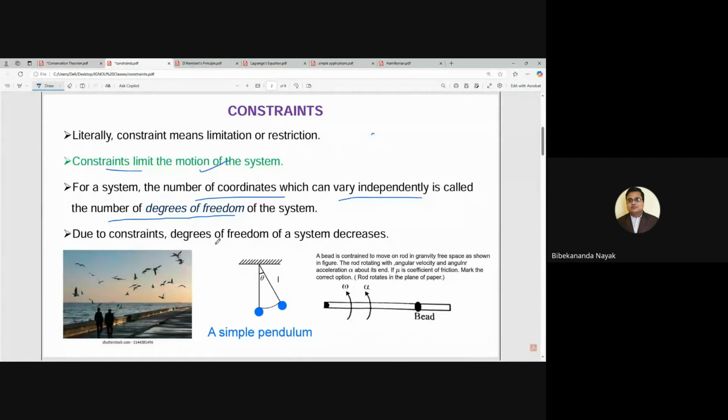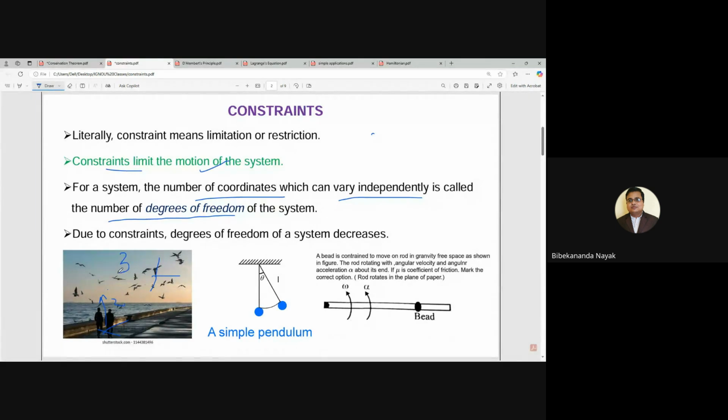Due to constraints, the degree of freedom of a system decreases. Suppose a bird can move this side, fly, or move this side: x, y, z. But for us, we can move only along x or y. We cannot fly. So we have 2 degrees of freedom, whereas a bird has 3.